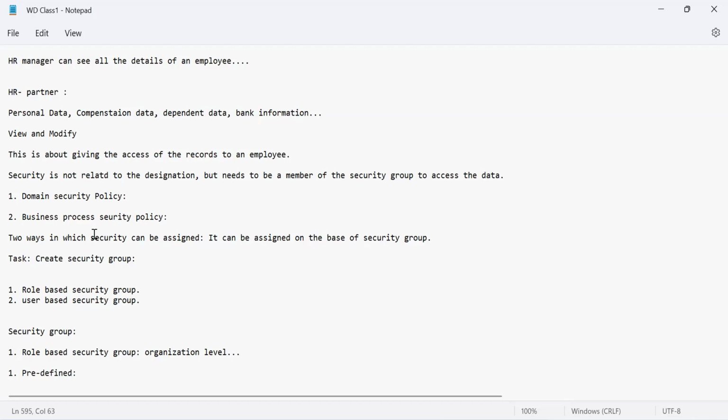A user can be a member of multiple security groups by assigning multiple roles. It is not that you only assign one role. You can assign multiple roles, and that person will become a member of each security group. Does that make sense? Yes, this is very important. We cannot forget it.